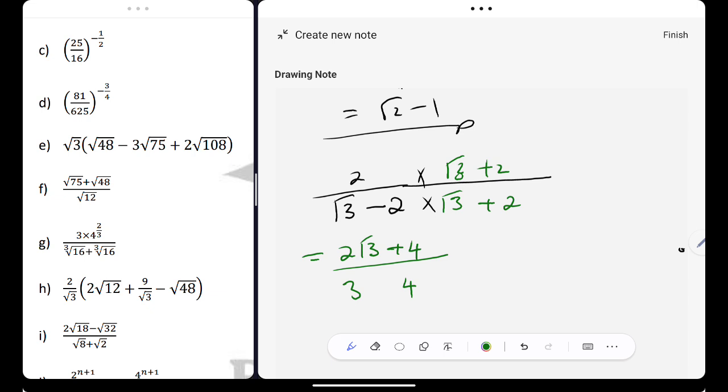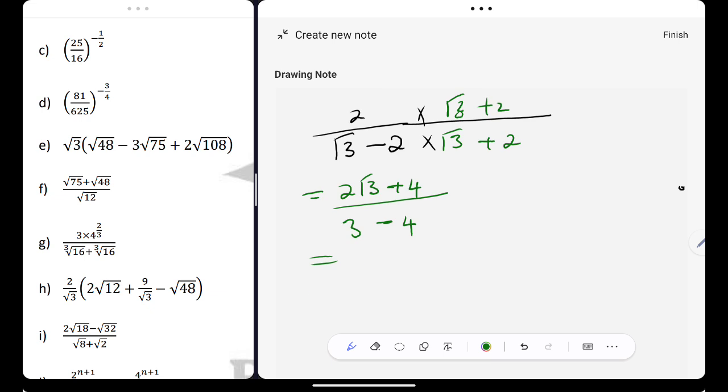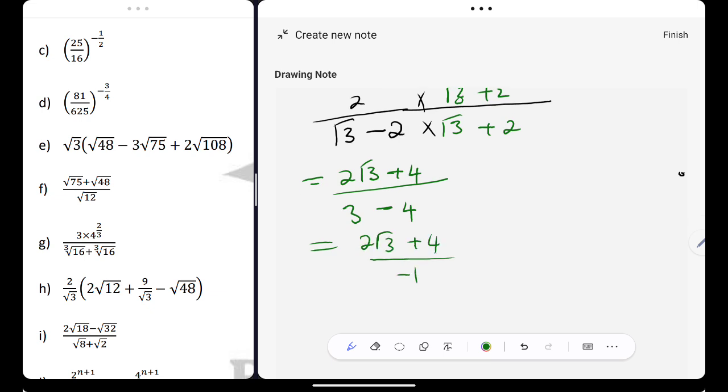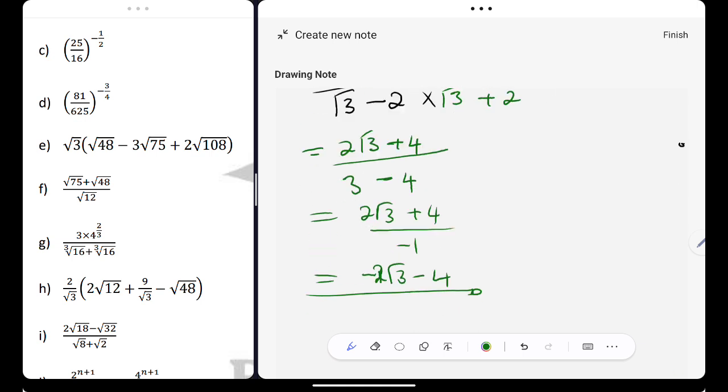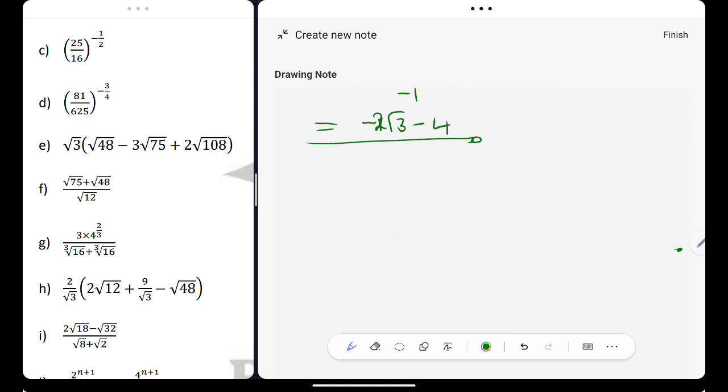But root 3 times root 3 is just 3. And then keep a minus there, and then you'll have 2 root 3 plus 4 divided by negative 1. This is the same as negative 2 root 3 minus 4. Are we together? That's how you deal with surds whenever you rationalize the numbers, because you don't want to have surds at the denominator.